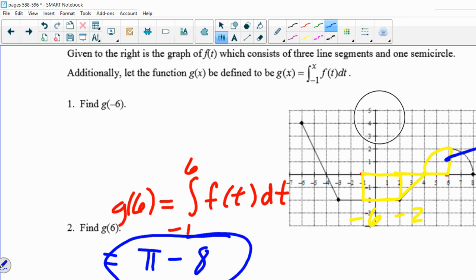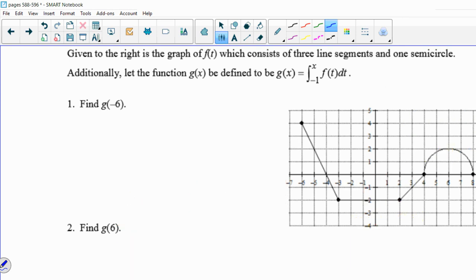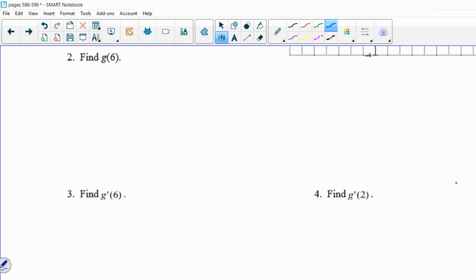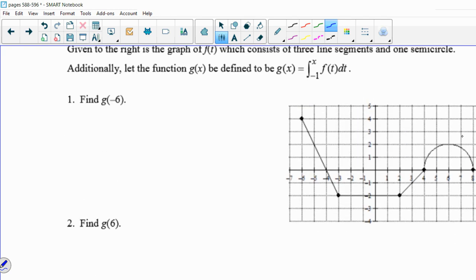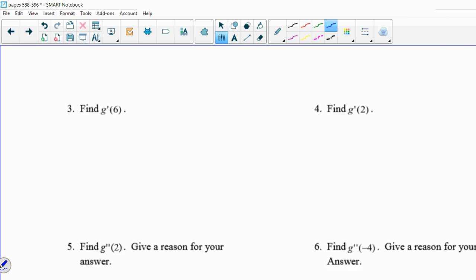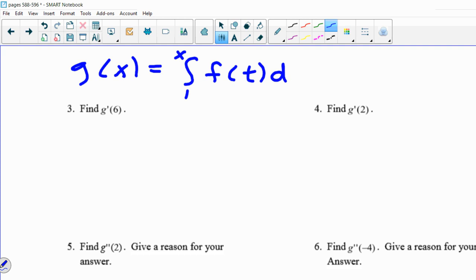Okay, let's see where we are now. G prime of 6. All right. G of x was the integral, let me write this down, G of x was the integral from -1 to x of f of t dt. So G prime of x, if I take the derivative of both sides, is just f of x.